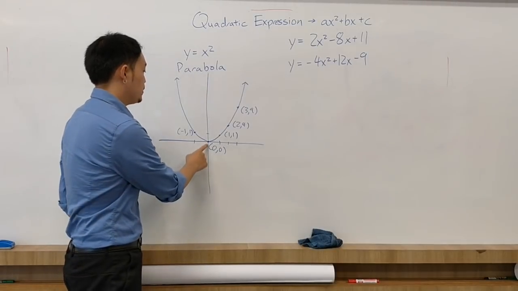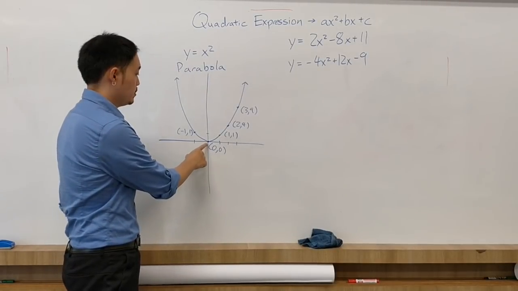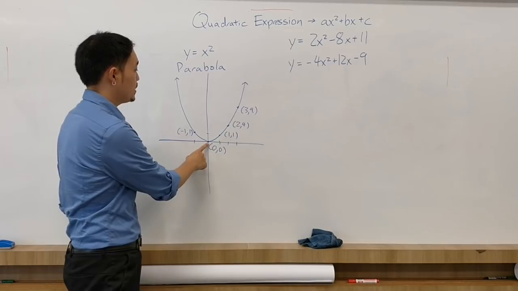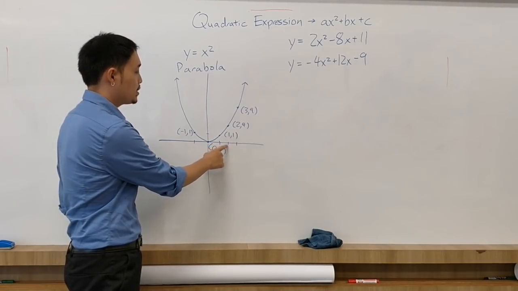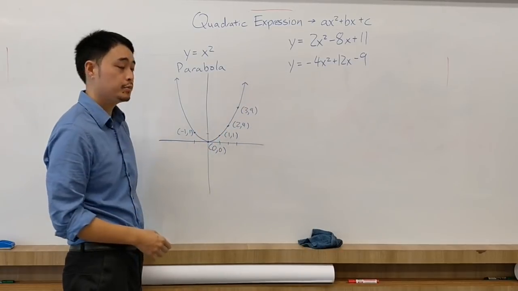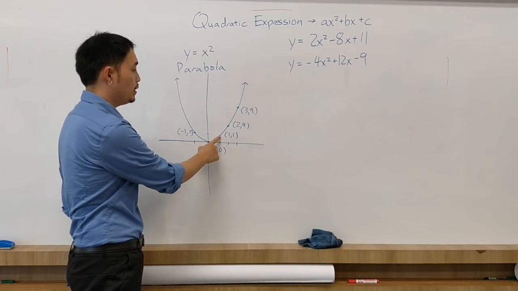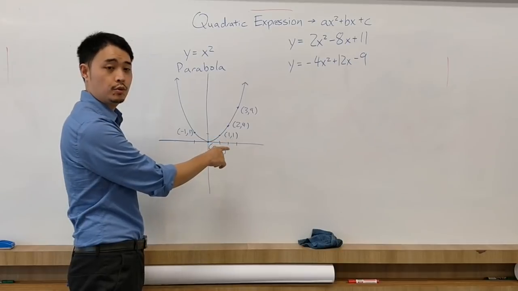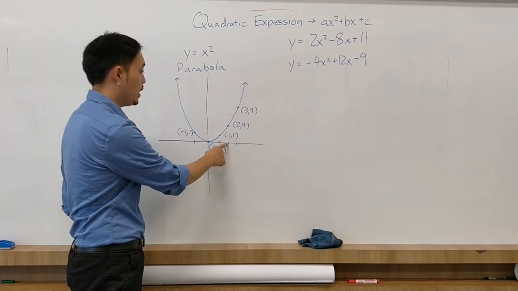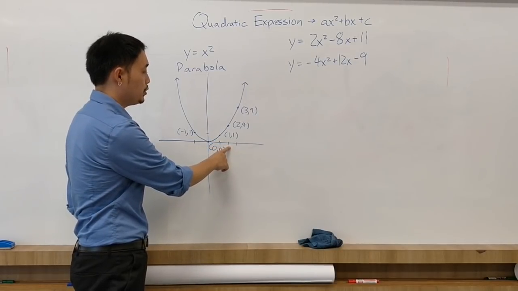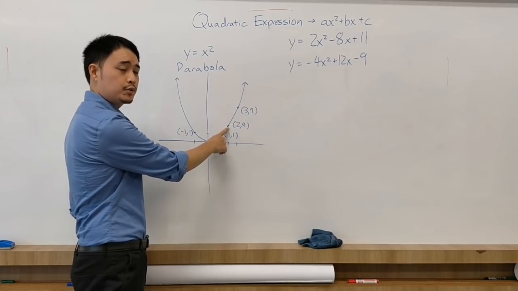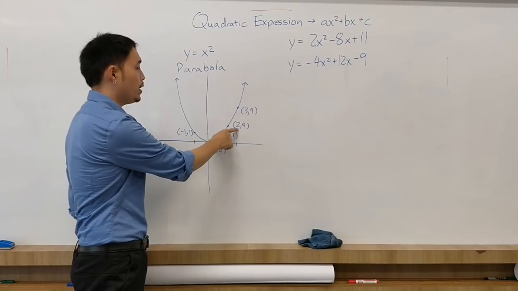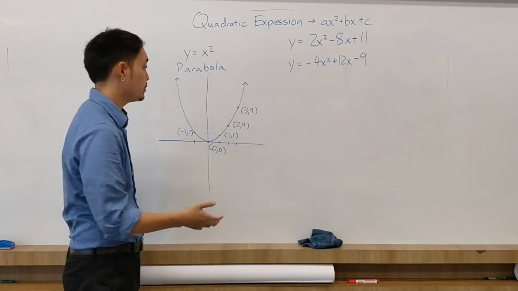So understanding how a parabola graphs, we know that at x equals 0, y is equal to 0 as well. But as x is increased, y increases exponentially. So at x equals 1, y still equals 1, because x squared is still equal to y. But at x equals 2, we end up with the point 2 comma 4, because y is the square of x, which is 2 squared.